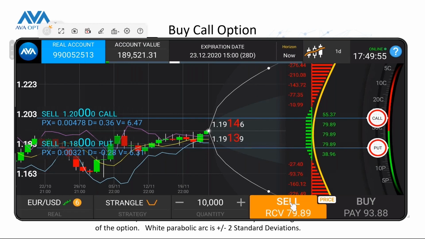Since this is 10,000, I'll put it in price, 0.008. So my break even is either going to be 120.80 up here because I'm earning 80 pips of premium. So my break even here is 120.80. My break even here is 117.20.